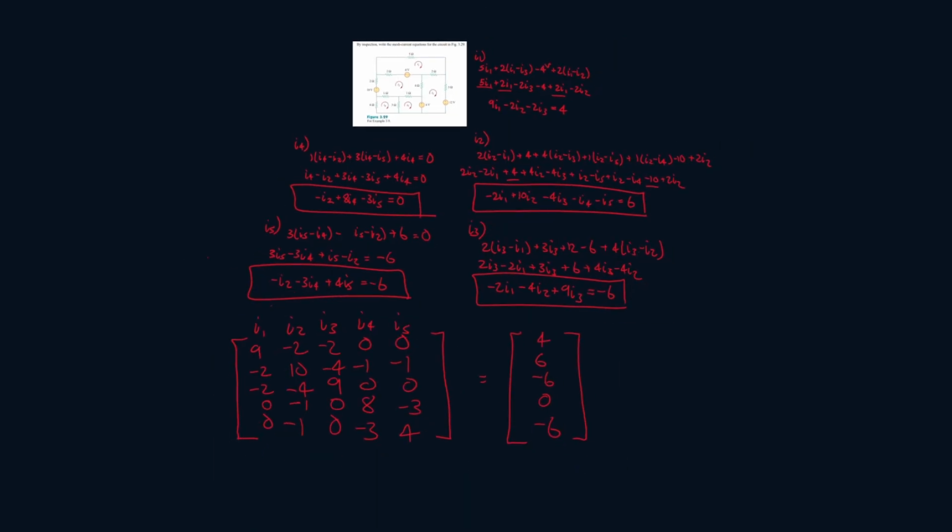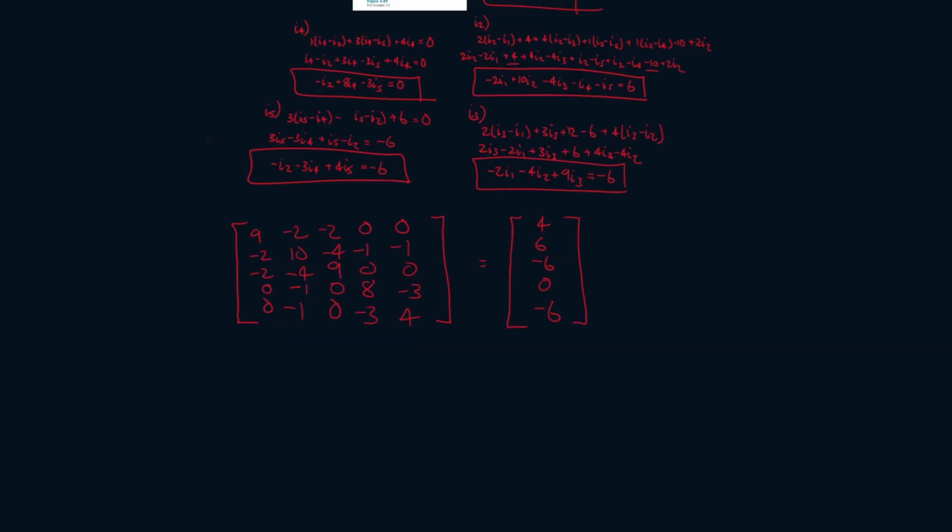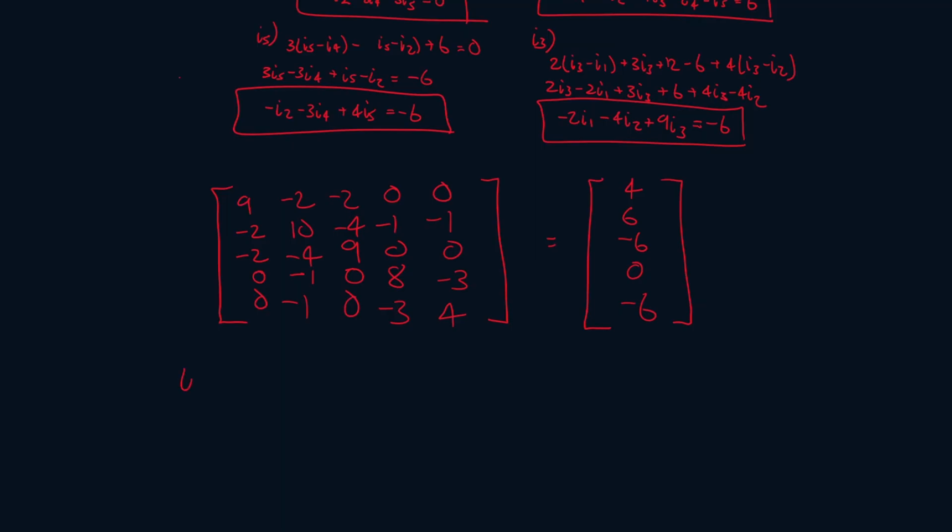Now we can solve this matrix by putting it into reduced row echelon form, or by substituting or eliminating these equations, or just use MATLAB. And at the very end, you will get the following answers. I1 will be equal to 0.3829.